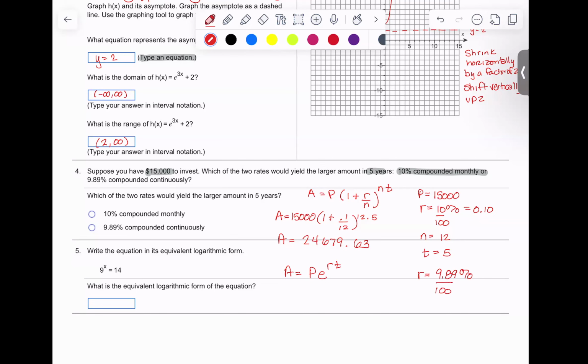So we divide that by 100 and we get 0.0989. So we're going to plug that in. We're going to invest 15,000 times e to the 0.0989 times 5. So we're going to do that calculation on our calculator.